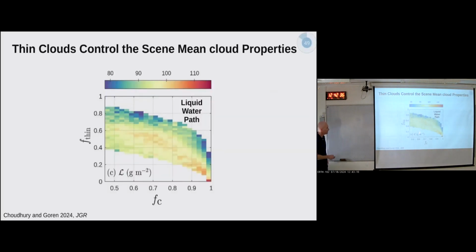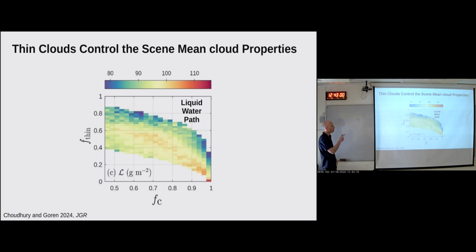And you see it here again, that F thin is a function of cloud fraction, and this is the liquid water path in color. For a given cloud fraction, the more thin clouds, the less the liquid water path in the scene. And this is actually underestimating this gradient, the effect of the thin clouds, because as I mentioned before, we don't have observations for optical thickness in thin clouds.